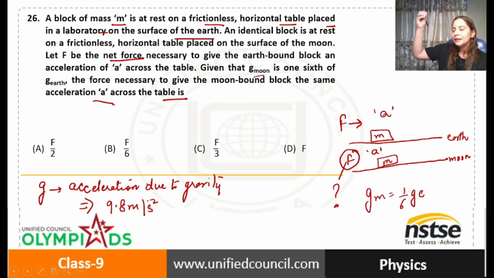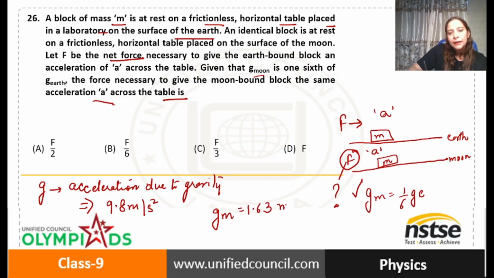Whatever things are freely falling towards the earth, the acceleration produced in them due to gravity is 9.8 meter per second square, irrespective of the mass of the body. Same way, on the moon, small g of moon is equal to 1/6 of g, which means the value of g on the moon is approximately 1.63 meter per second square.